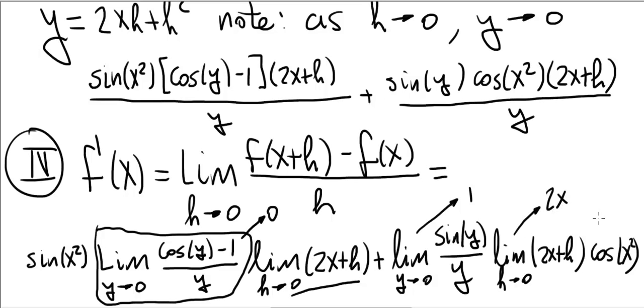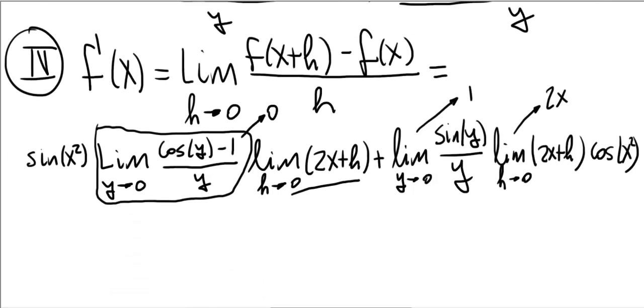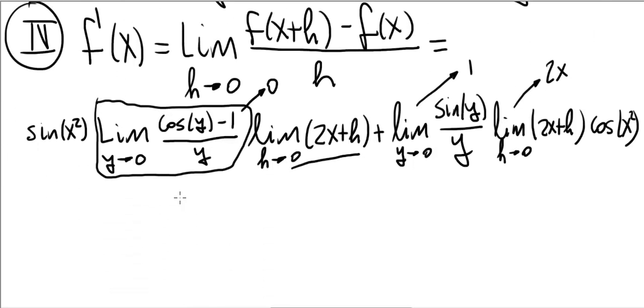And of course, cosine of x squared is not affected by either y or h. So what we have left after taking the limit is 2x times cosine of x squared, which is the derivative of the function.